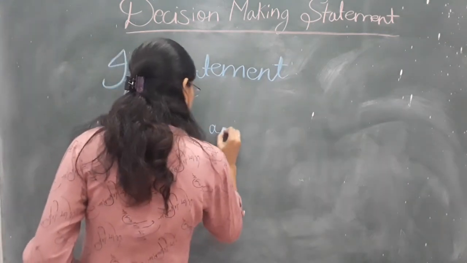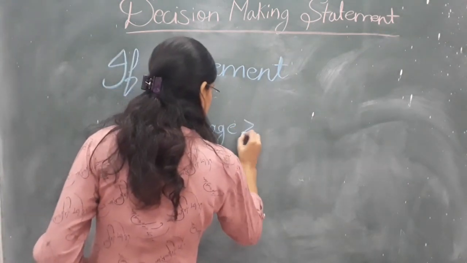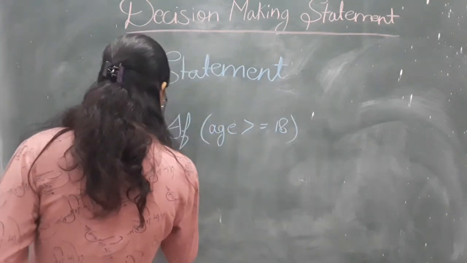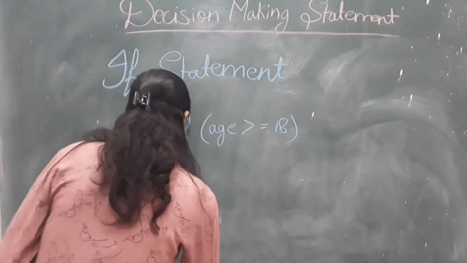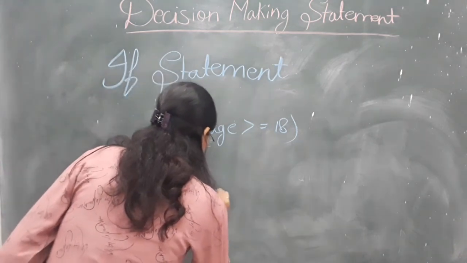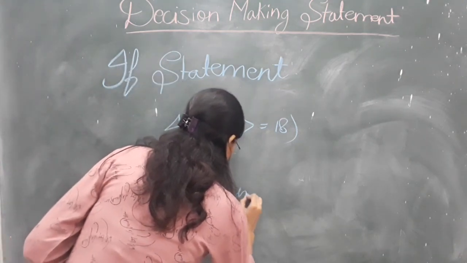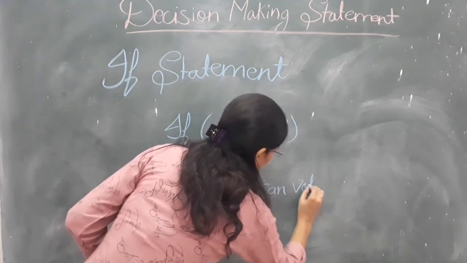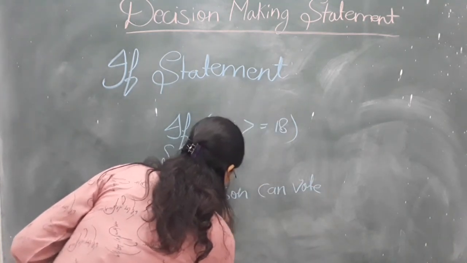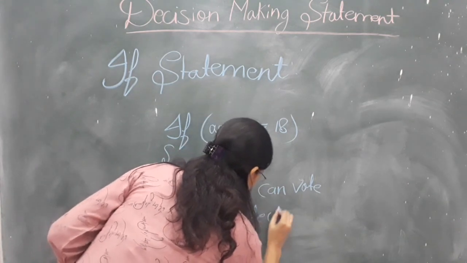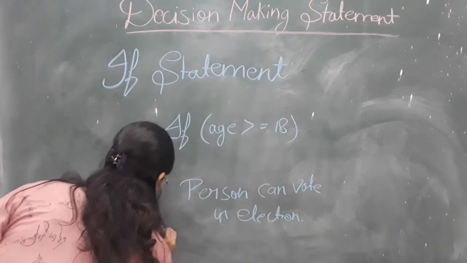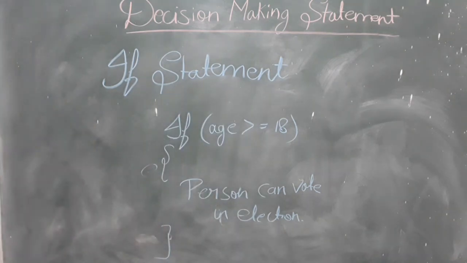If age is greater than or equal to 18, this is the condition, and this is the statement: person can vote in election. Okay, and then this is closed.